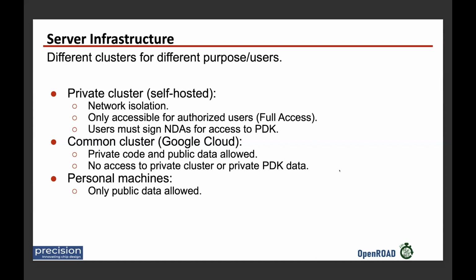We also have a common cluster hosted in G-Cloud, thanks to Google. Users of this cluster have access to the private code and the public data, but no access to the private PDK data. This is the case for the trusted limited access users. And everybody can download the public data and the public code on their personal machines.